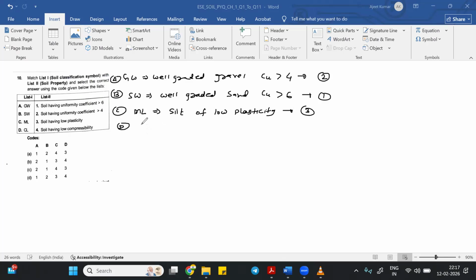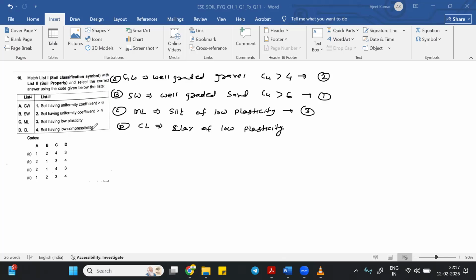And D is CL, that is clay of low plasticity. So in terms of compressibility, silt is soil having low compressibility.